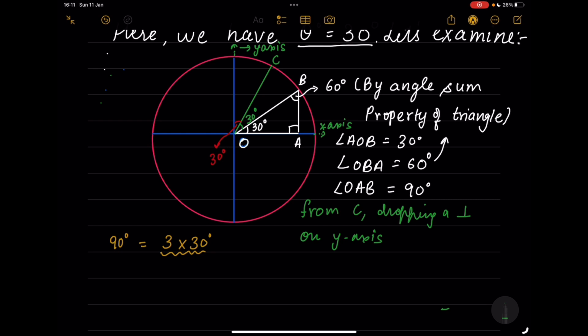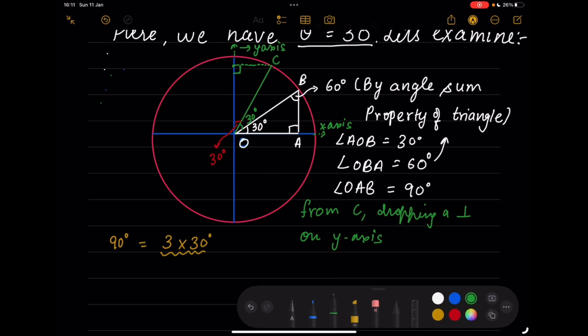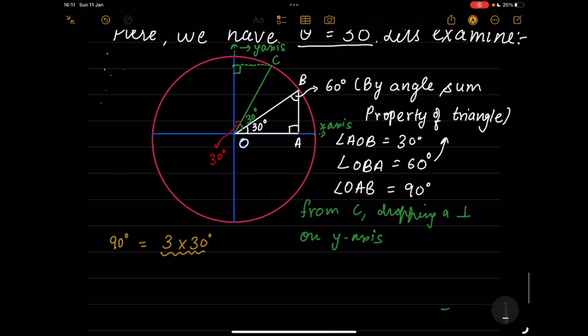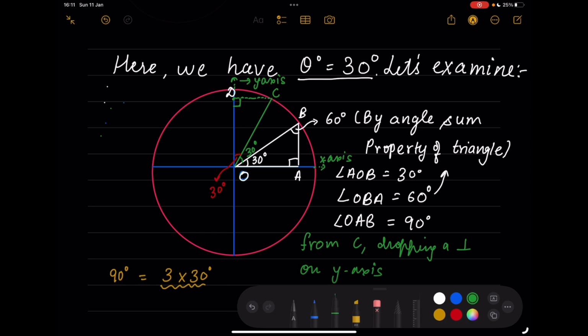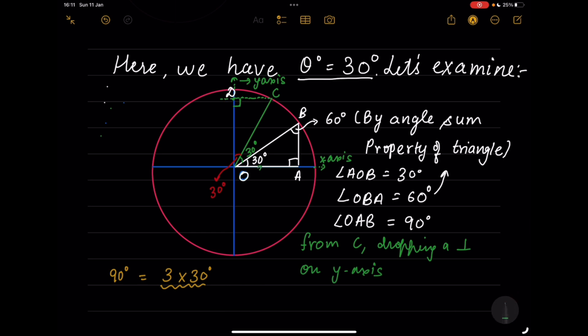So here we have our perpendicular which is 90 degree. Now this point, let's label this point as D. Then again we extend this perpendicular here. So this angle will also be 90 degree. Why is it 90 degree? Just think about it once.